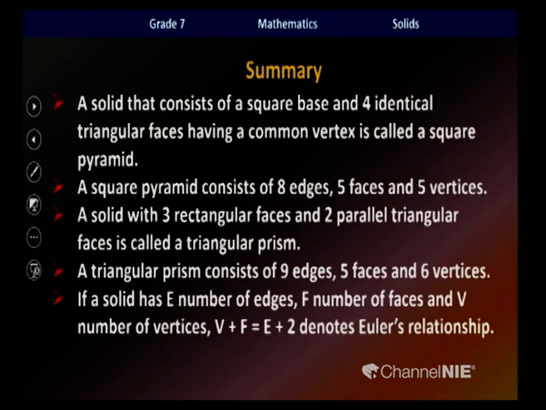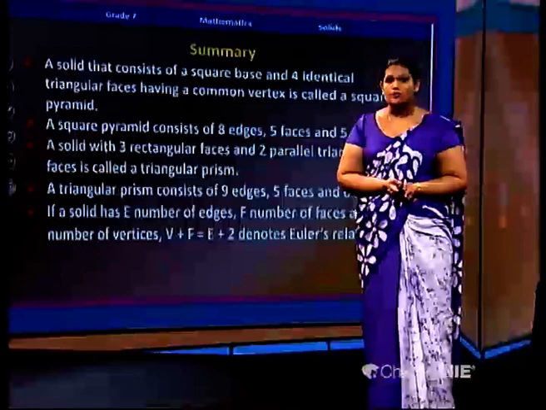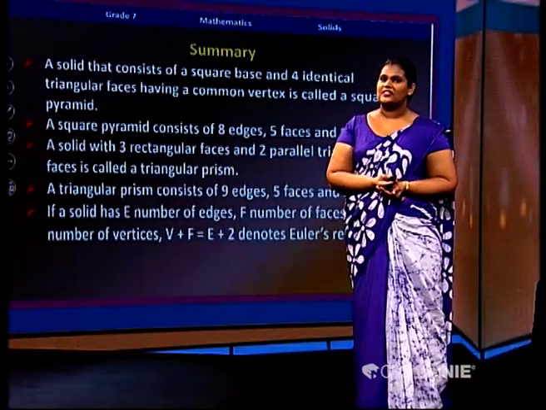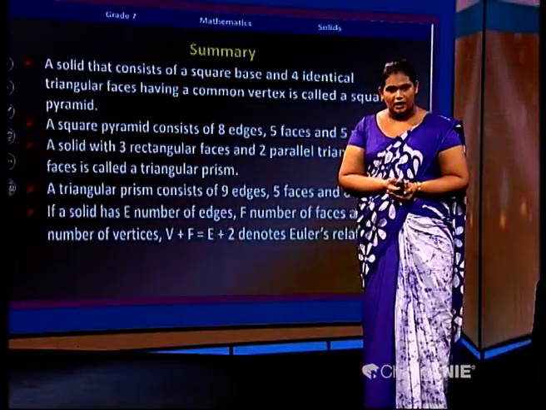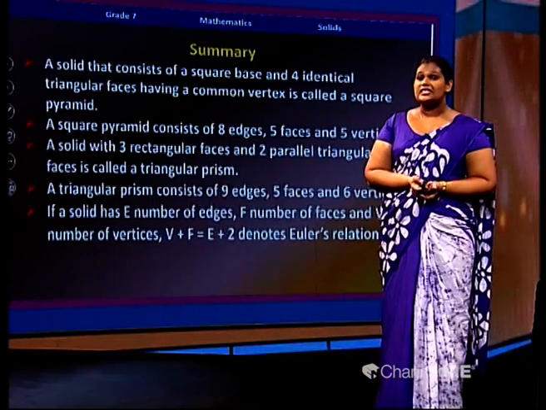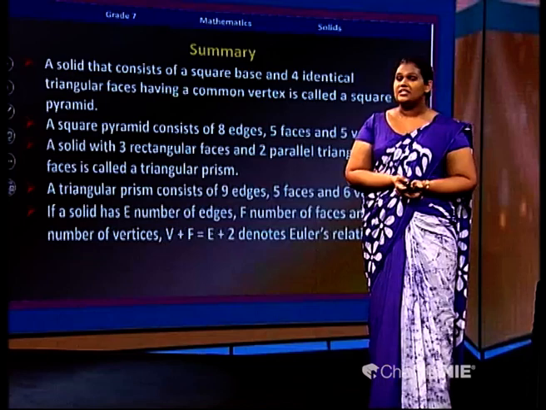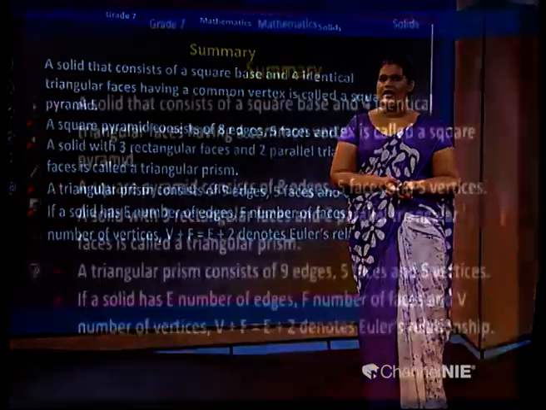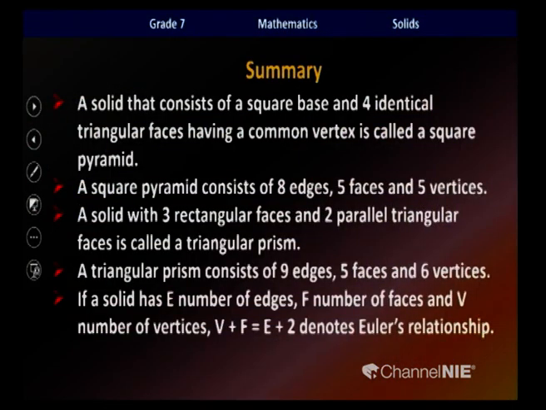Then you have learnt a solid with 3 rectangular faces and 2 parallel triangular faces is called a triangular prism. After that you have learnt a triangular prism consists of 9 edges, 5 faces and 6 vertices.